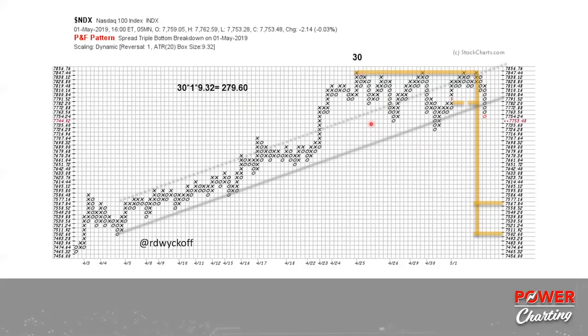But the thing that caught our attention was the series of lower lows that were taking place, which were indicative of increasing volatility. This is really important because increasing volatility as you're going through a range-bound market is often an early clue of distribution.